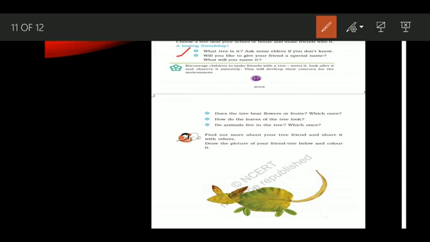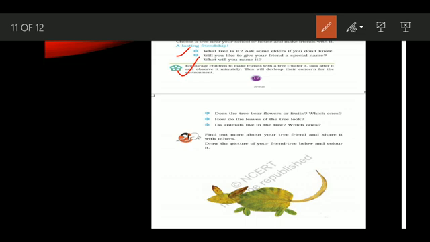The first question is, what tree is it? Ask your elders if you don't know. If you go into the garden, you will see some kinds of trees. First try to identify which tree it is. It may be a mango, a neem, a peepal, whatever. If you don't know the name, you can ask your elders. Okay, and write it in your copy.